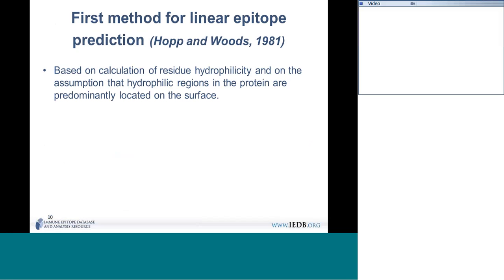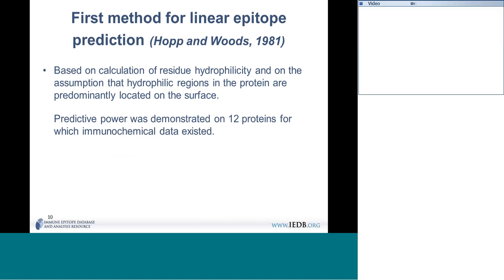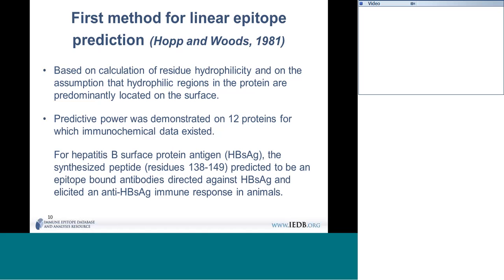It was based on calculation of residue hydrophilicity and on the assumption that hydrophilic regions in the protein are predominantly located on the surface and are therefore accessible to antibodies. They used 12 proteins with existing immunochemical data to check the predictive power of that model. What's interesting is that some predictions were later confirmed by experiments, for example, this one.